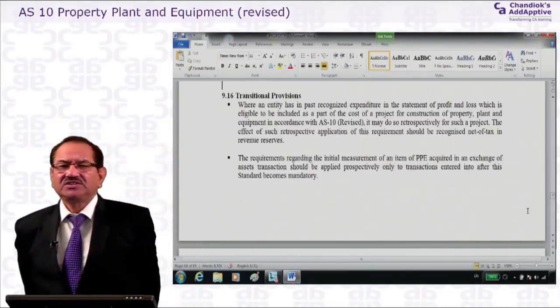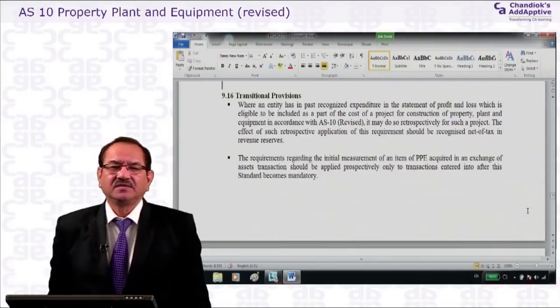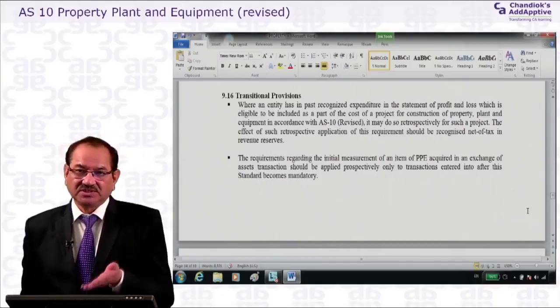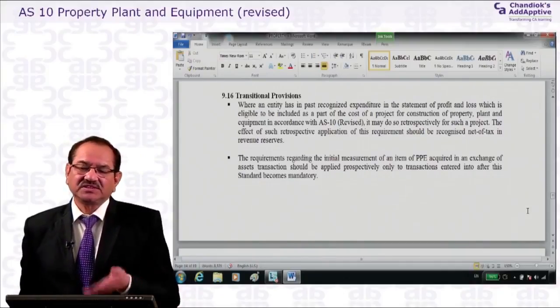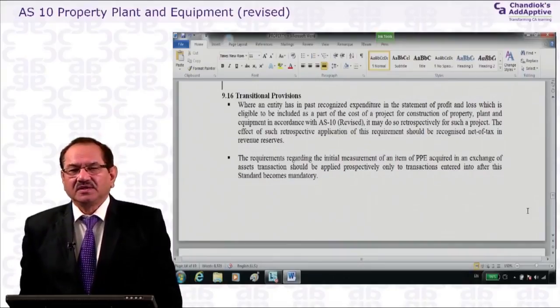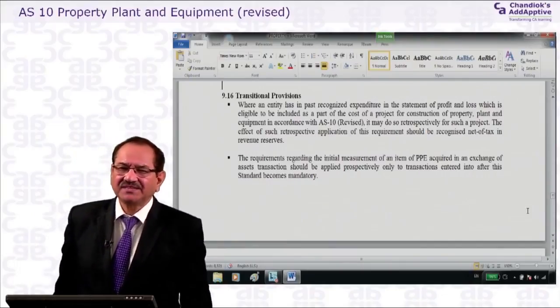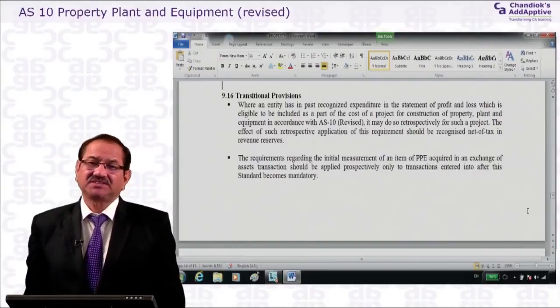You see, you have shown us the cost of the asset on 31st March 2016, when this standard is applicable. Suppose the cost of that asset is 5 crores. And you know that there is a cost of around 50 lakhs which you earlier wrote off in the profit or loss, but as per this standard, it should be capitalized.